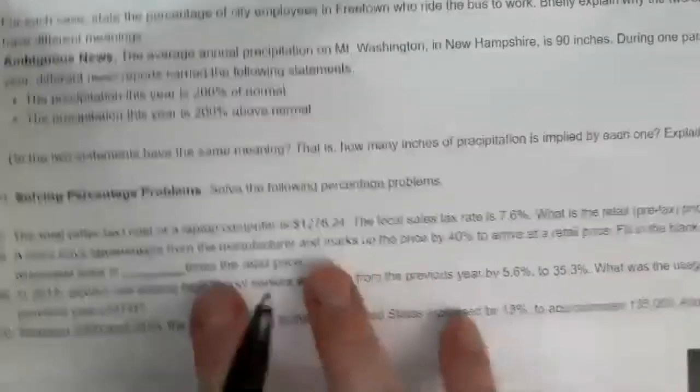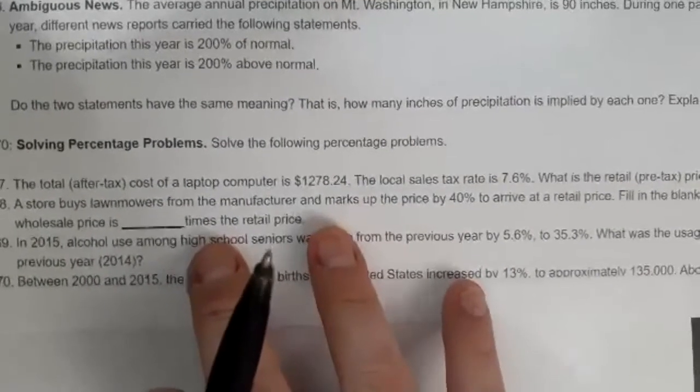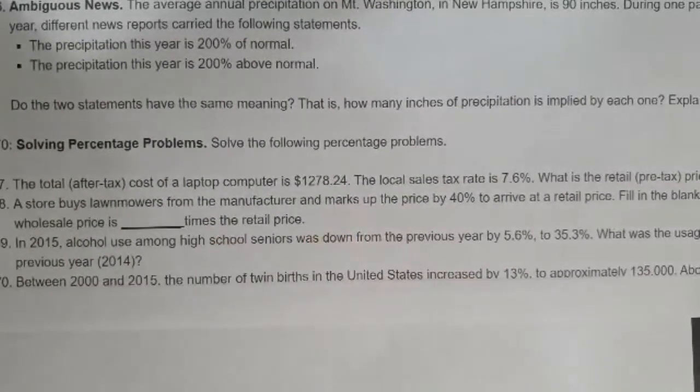Is it 67 or what? 67 is what we're on. So the total after-tax cost of a laptop is $1,278.24. The local sales tax rate is 7.6%. What is the retail pre-tax price?